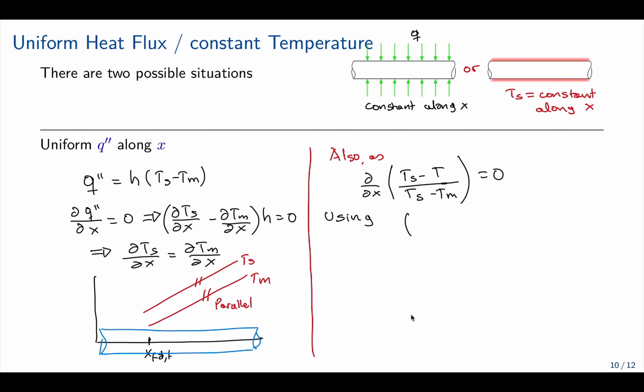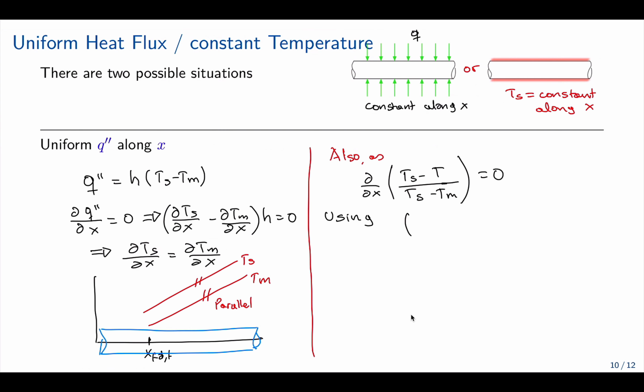That's going to be the mean temperature, and this is going to be Tr, the temperature at some distance from the center of the pipe. Those are going to be parallel as well, and that's only after the flow is fully developed.